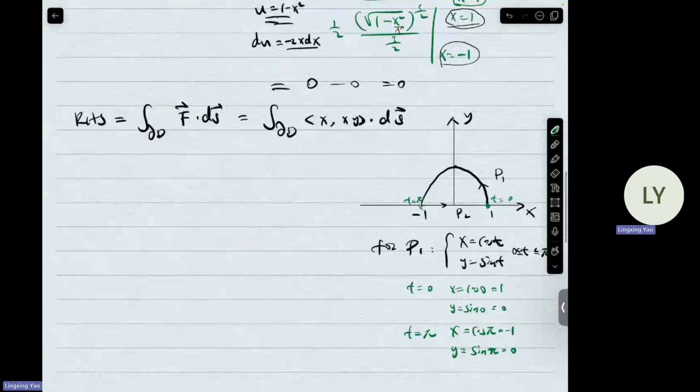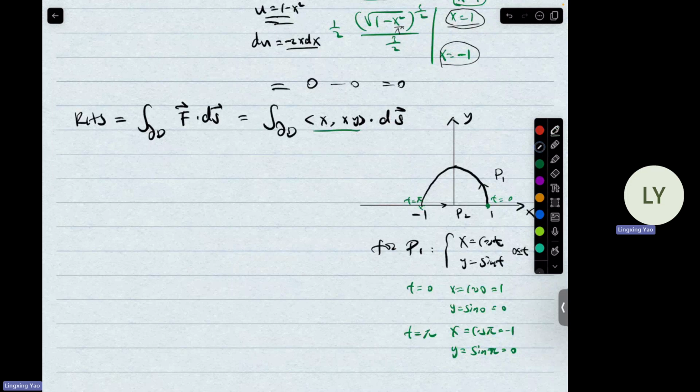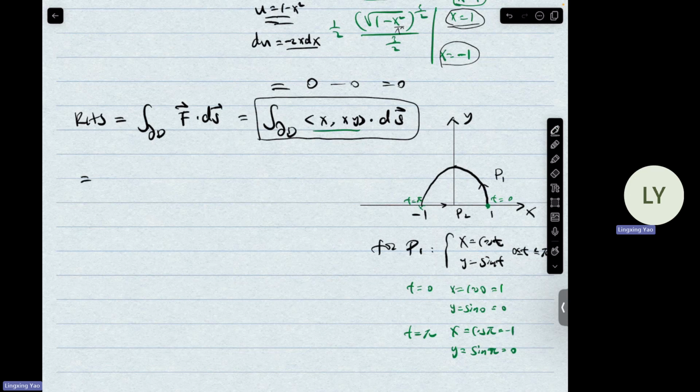So how do we compute the line integral of this vector field on the part P1? We'll explain a little bit later, but now we are rewriting this as two parts of the line integral: on P1 we have the vector field x, xy, plus on P2 the vector field x, xy, dot with this ds here.